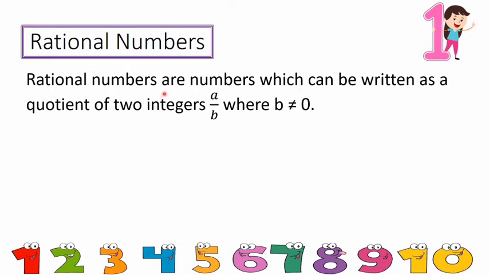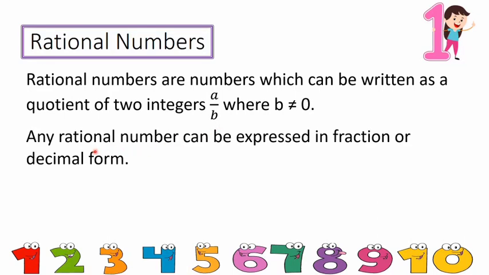Rational numbers are numbers which can be written as a quotient of two integers, a over b, where b should not be equal to 0. If b is 0, it will not be a rational number anymore. Second, any rational number can be expressed in fraction or decimal form.